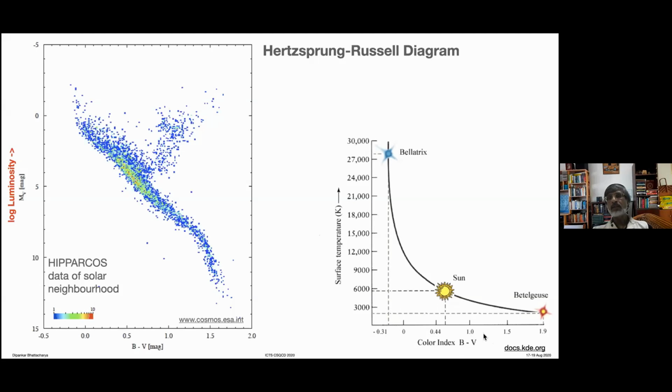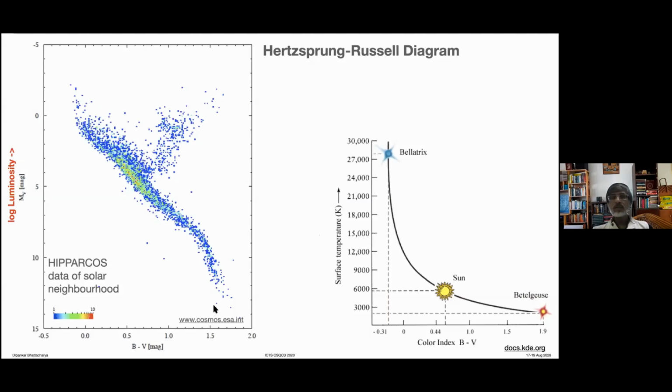If you look at the color index B minus V, that can be directly related to the surface temperature in Kelvin. So once you read off color index, which is measured observationally, you can then infer what the temperature of the star is.